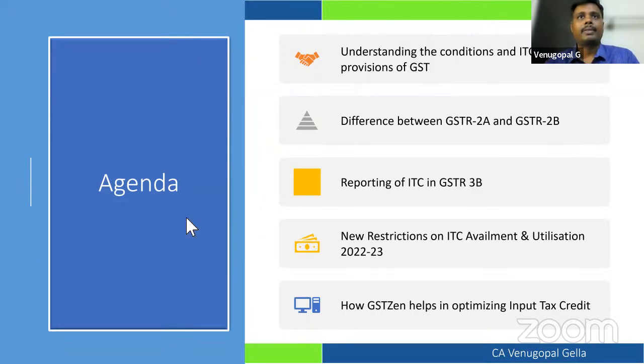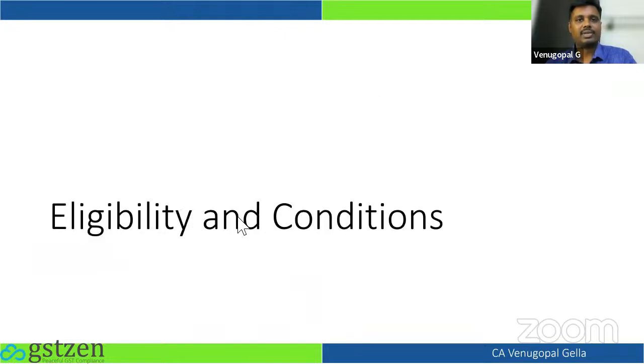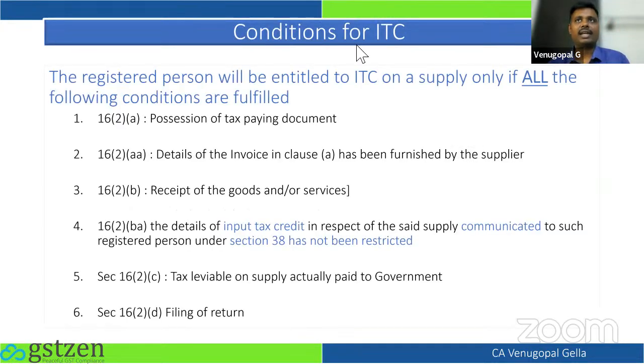Okay. Let's start with understanding the provisions of the input tax credit. Firstly, the eligibility and conditions. Initially, there were 4 conditions for availing input tax credit. The first one was that the person availing input tax credit should be in possession of a tax paying document.